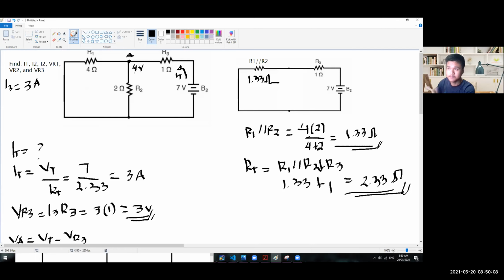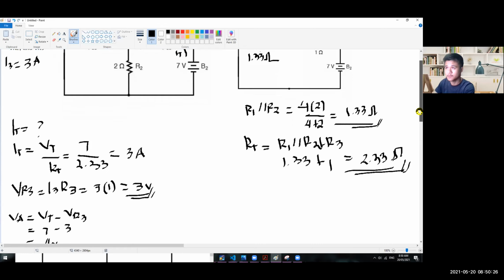And the same analysis, just like what we did a while ago, since they are in parallel. R1 has a voltage drop, or a voltage that is flowing in here, which is 4 volts. And the same with R2, which also has a voltage drop of 4 volts.